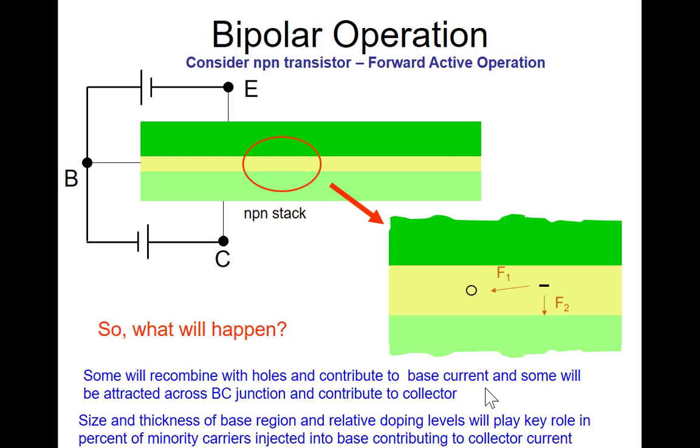If you make that base region very thin, then they don't have to travel very far to become collector current. Make sense? So the thickness and the doping levels of the base region, and of course the corresponding collector and emitter regions, will determine what percent of the minority carriers contribute to collector current.